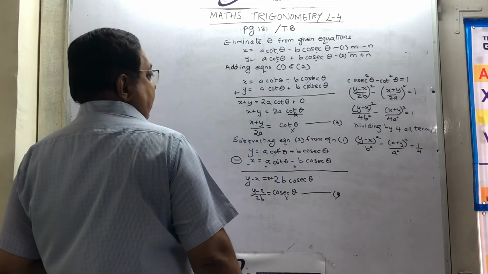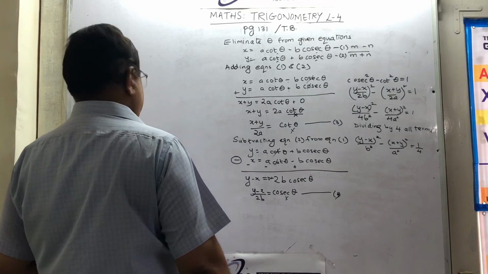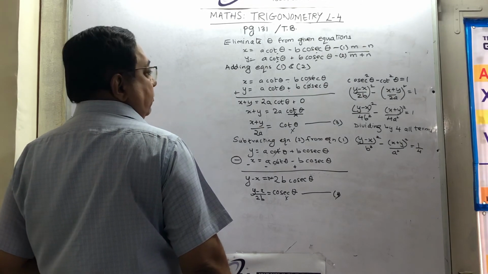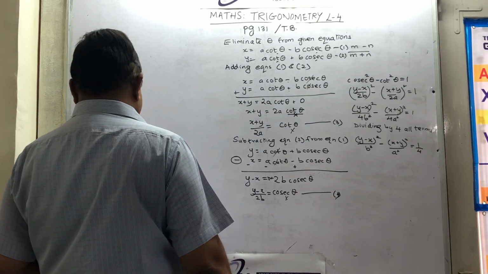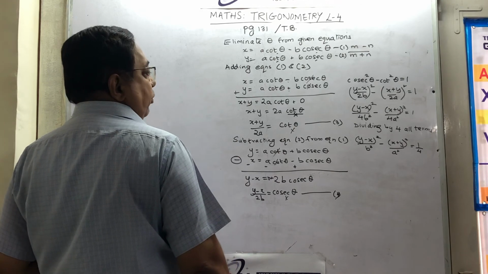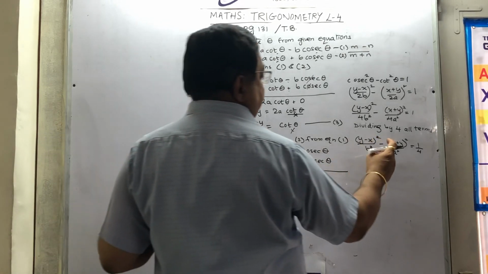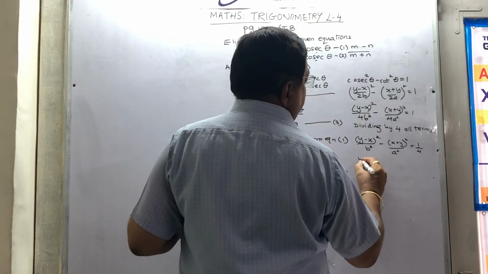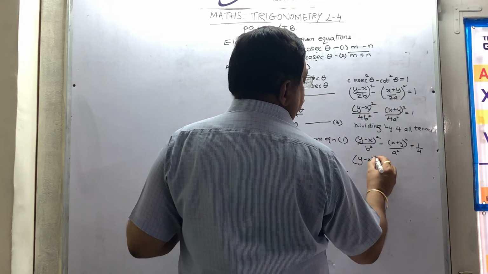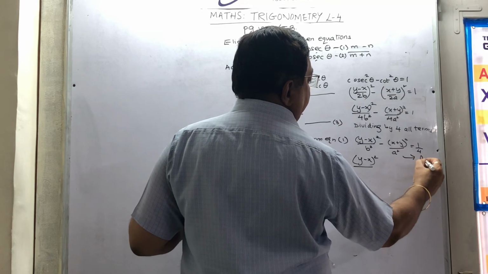Okay, I will get terms like this, dividing by 4 on all the sides. We have not done anything fishy here. You can leave the answer like this. This is where you should leave the answer.